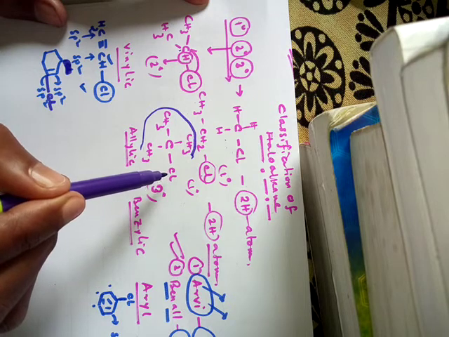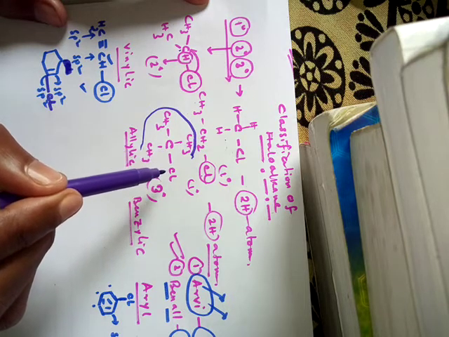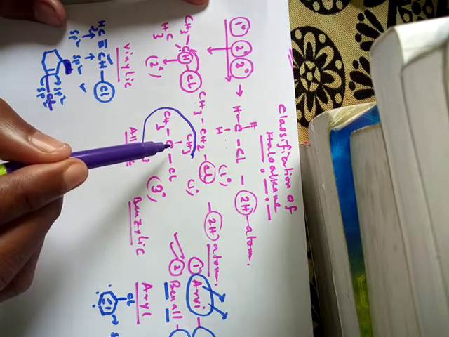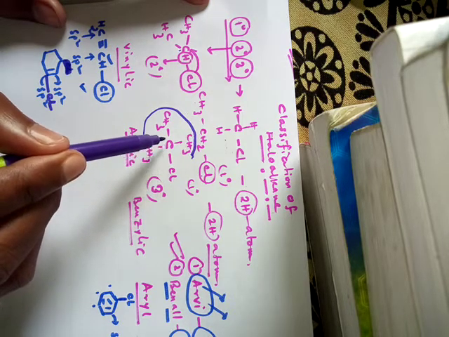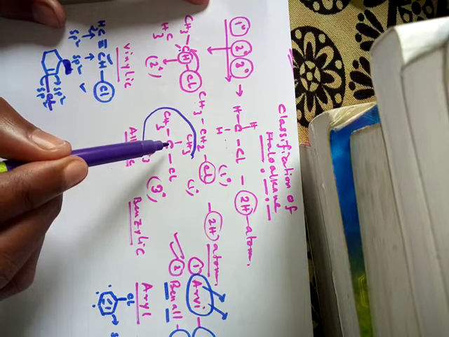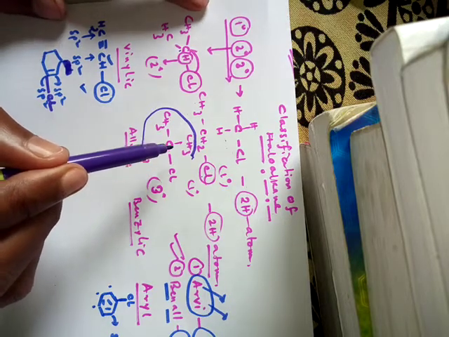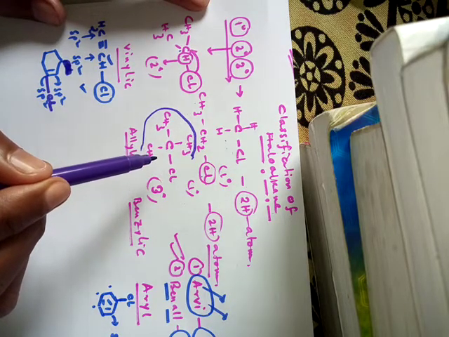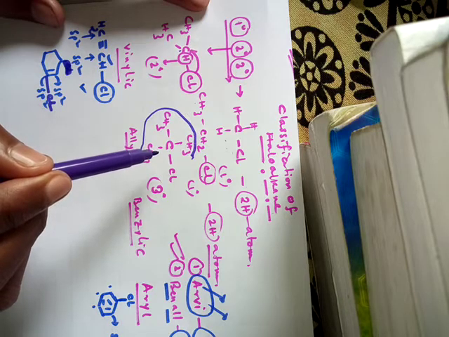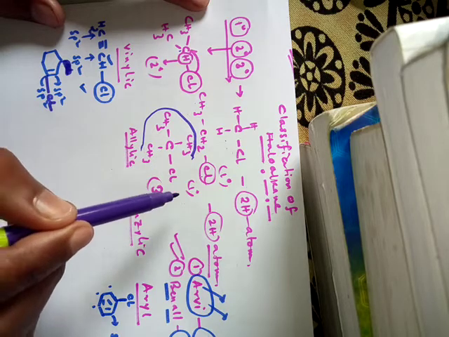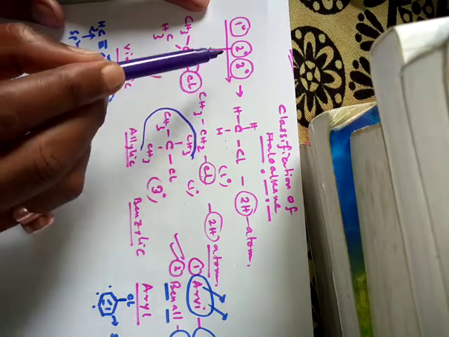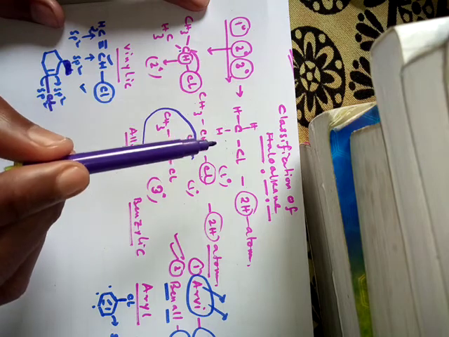So 3 degree haloalkane is one which contains one chloro group directly connected with a carbon atom, and that carbon atom is attached with 3 alkyl groups. There will be the absence of hydrogen atoms. So this is the basic concept of the 1 degree, 2 degree, 3 degree haloalkanes.